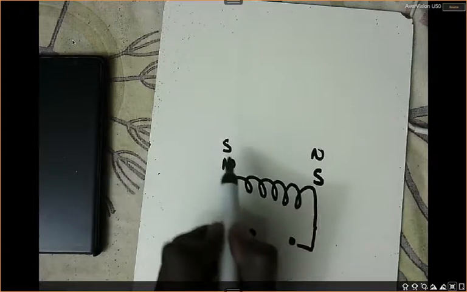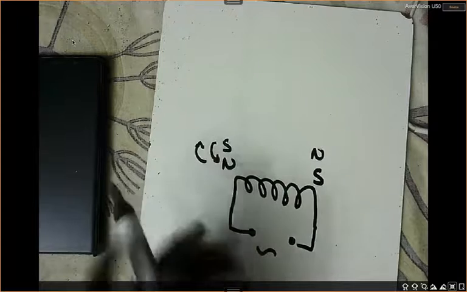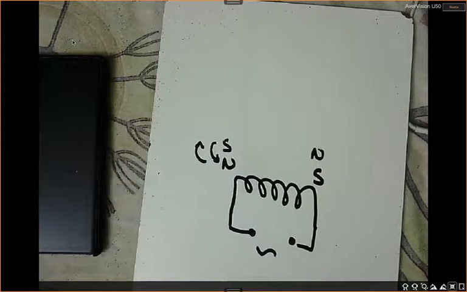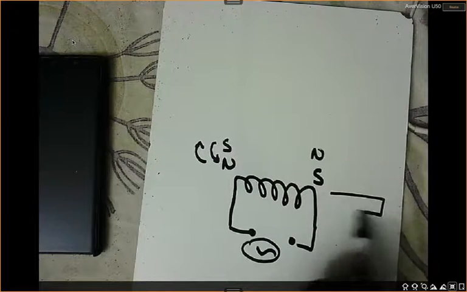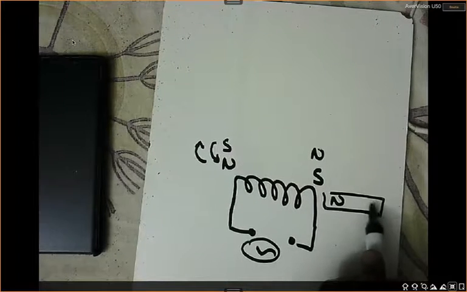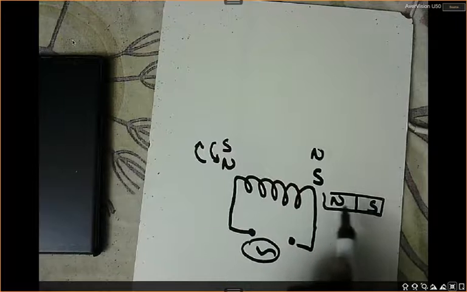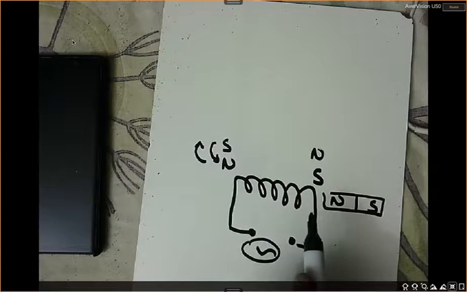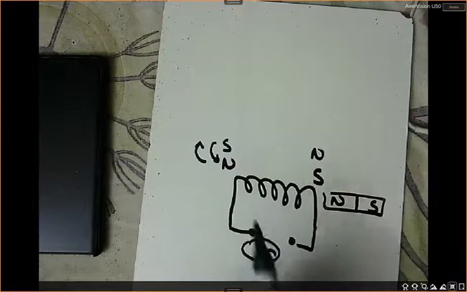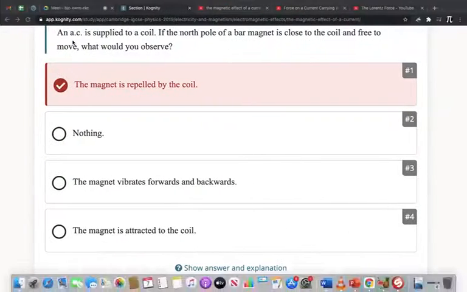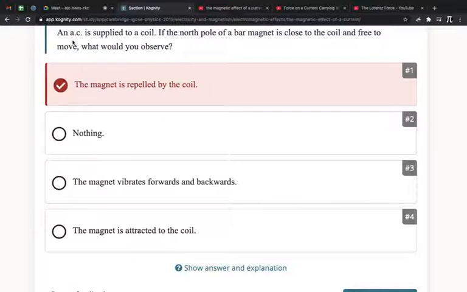Now it changes to south and it becomes a north, north, south, south. It keeps flipping the magnetic poles because it's an AC supply. So if I put a magnet close to here, let's say north and this is the south, and it's free to move, what would happen to the magnet if this magnetic field just keeps changing?